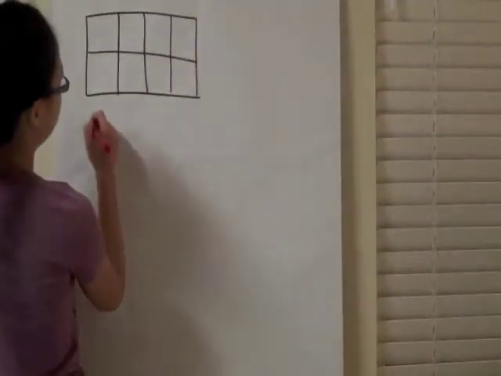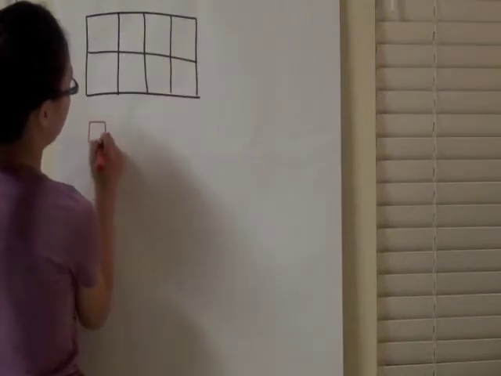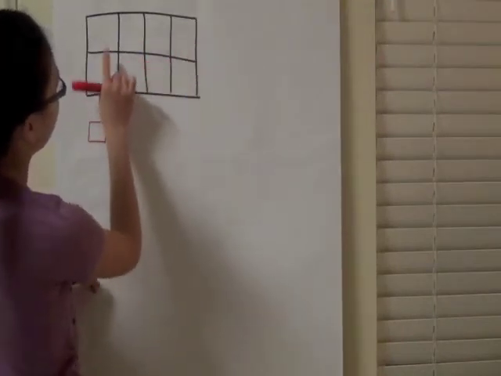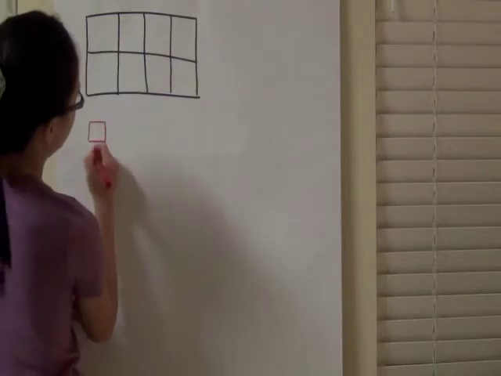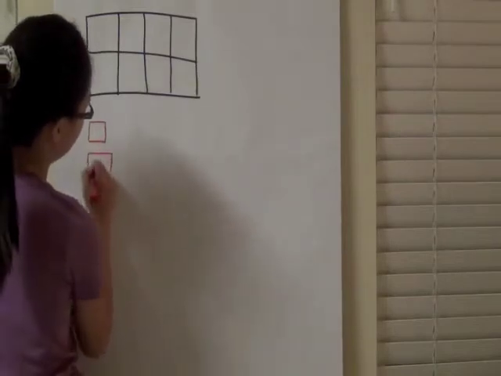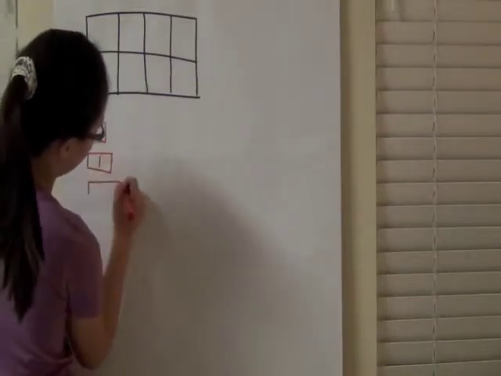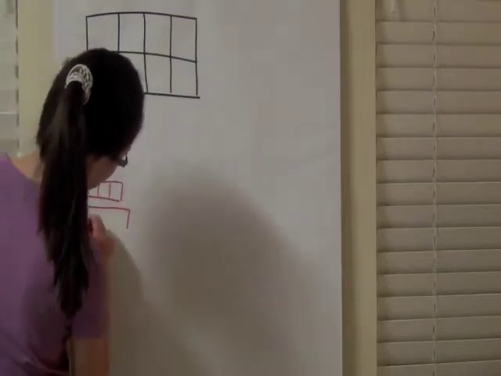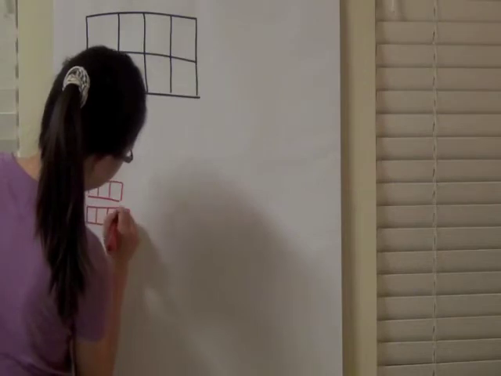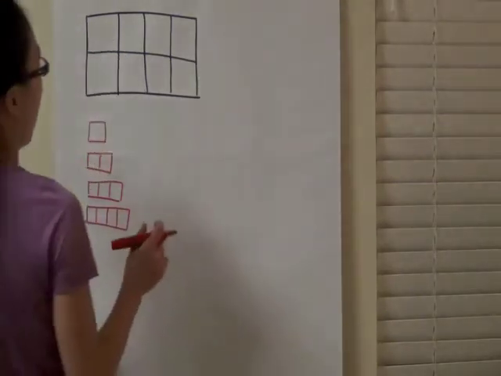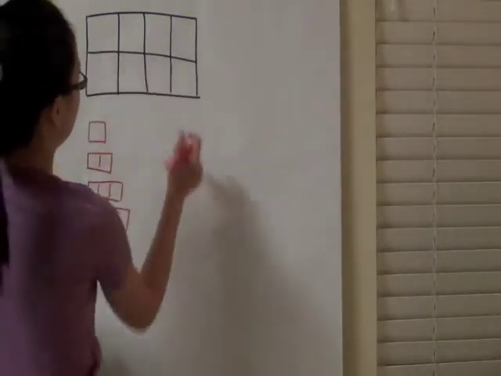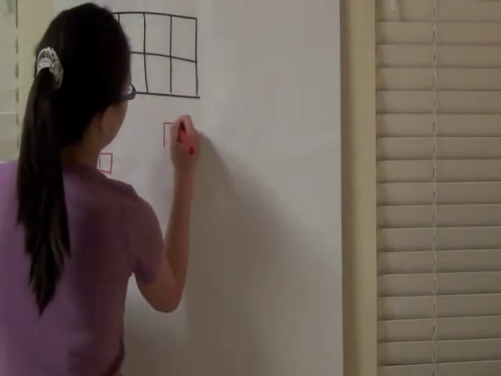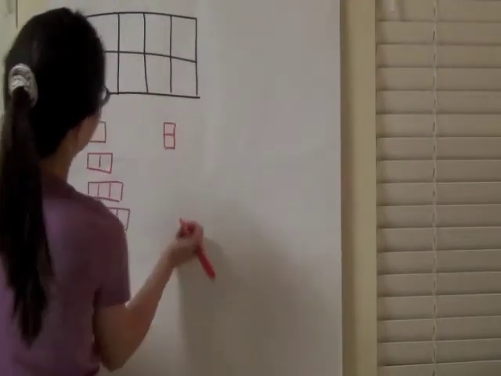So first of all, if you just look at the first row, you can have one with just one unit, you can have one with two, one with three, and one with four. If you look at one with two rows, you can have one like that.